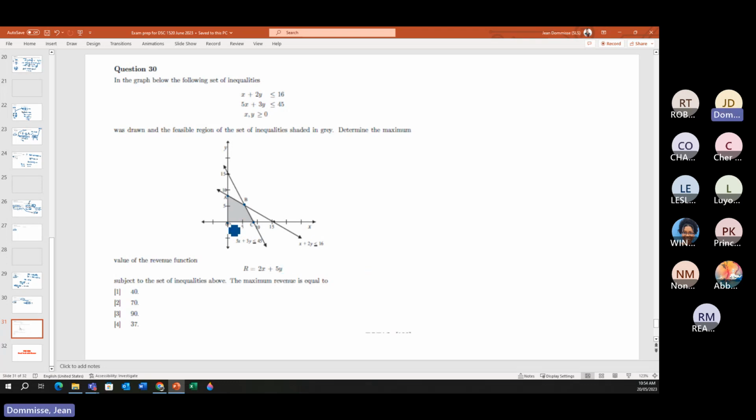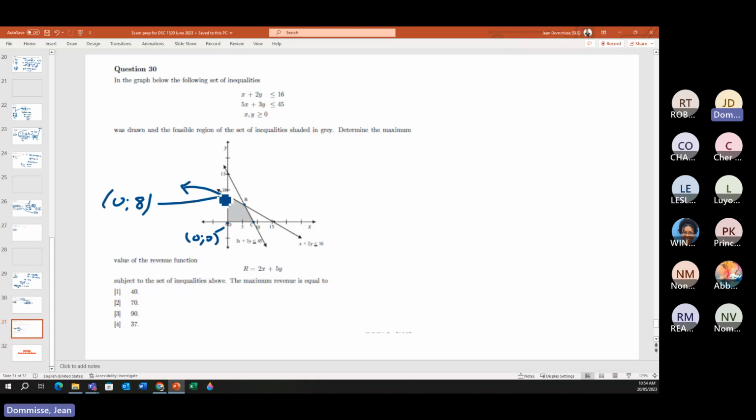If I look at that point, I know that is going to be 0 and 0. So if I put in 0 and 0, my maximum revenue is going to be 0. So it's definitely not that point. If I put in A, that point would have been x is 0, y is 8.